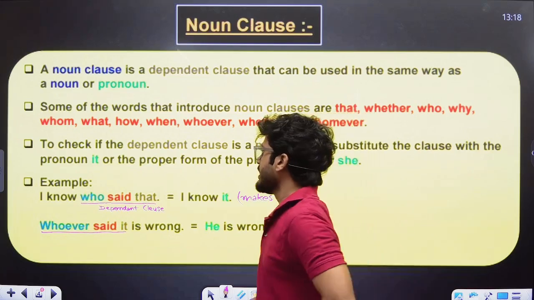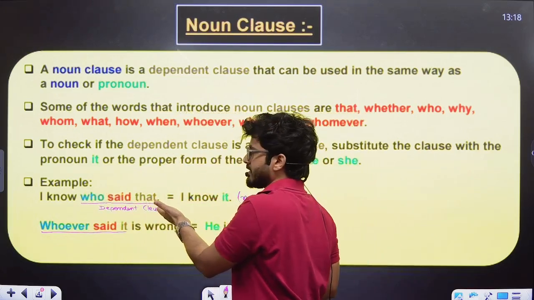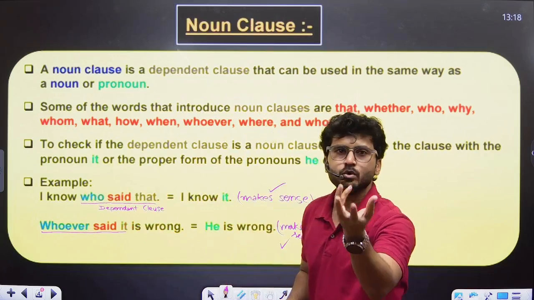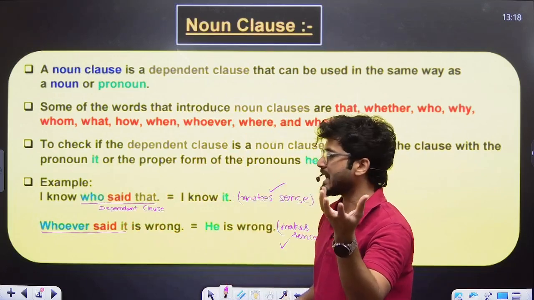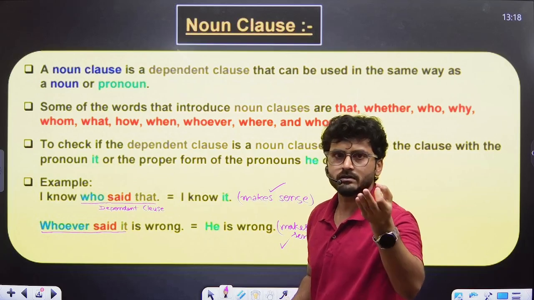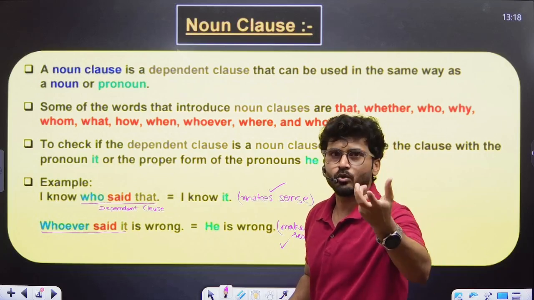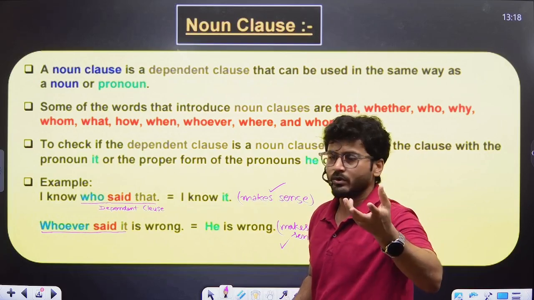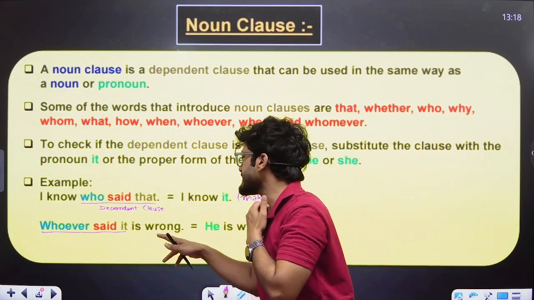Got it? Like, I know who said that. In that case, you are going to ask who, what. What do you know? Whom do you know? Like those cases, whoever said it is wrong.